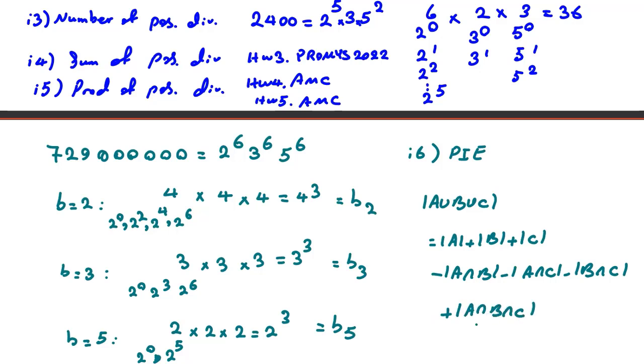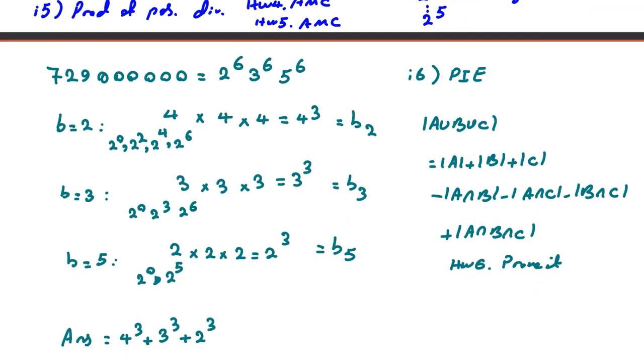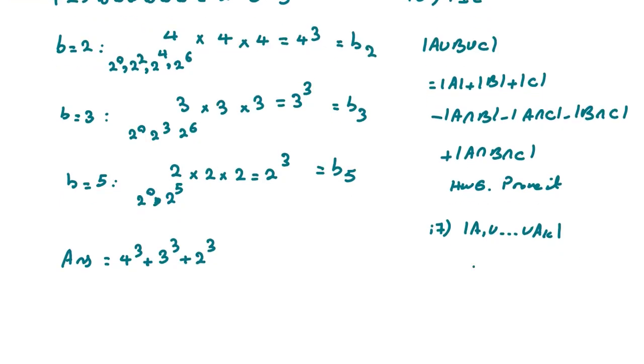You can easily prove it by a Venn diagram, or also without that you can prove it. So prove it as homework 6. And also let me tell you, idea 7 is the formula for A1 union to AK. This absolute value for a subset means the number of elements.